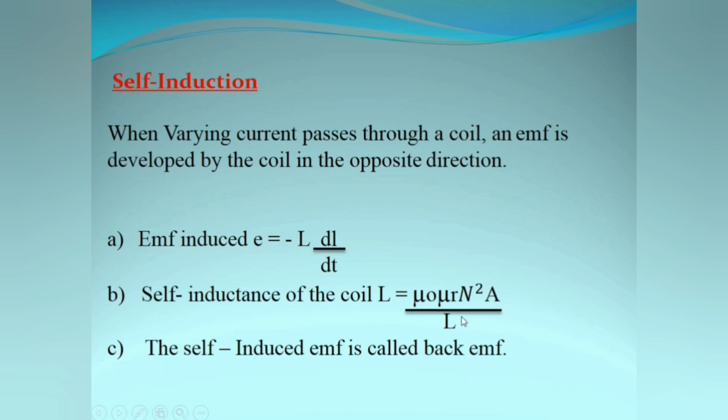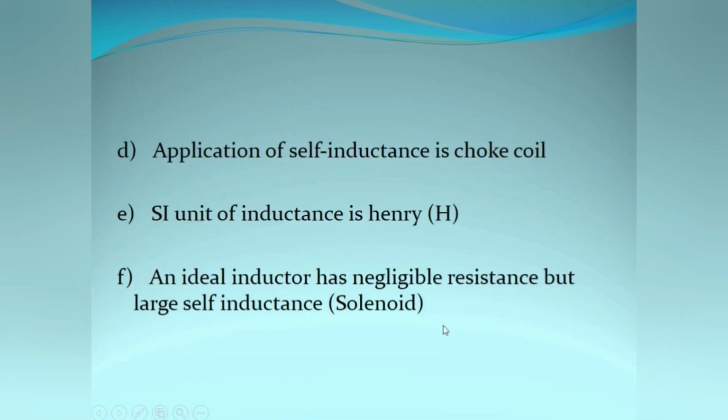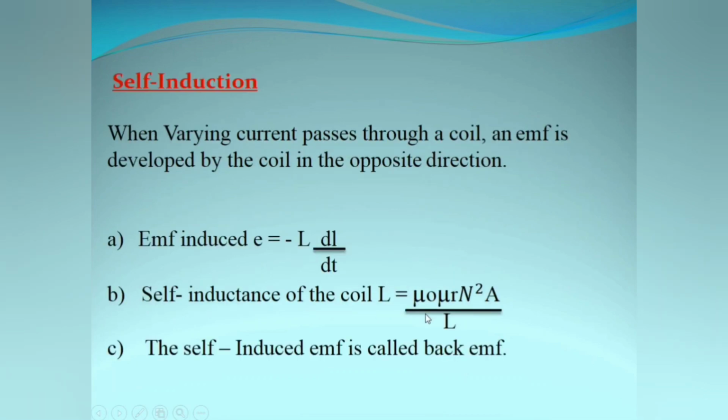Here don't get confused with L. This L is self-inductance and this l is the length of that solenoid. The self-induced EMF is also called back EMF because induced EMF takes place in the backward or opposite direction.